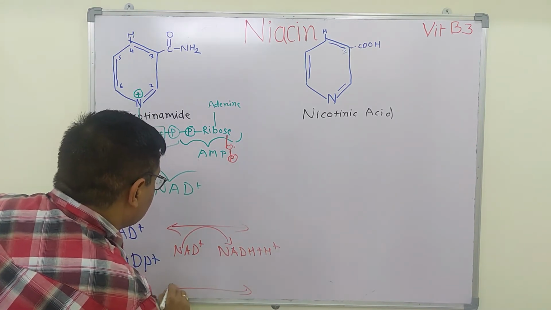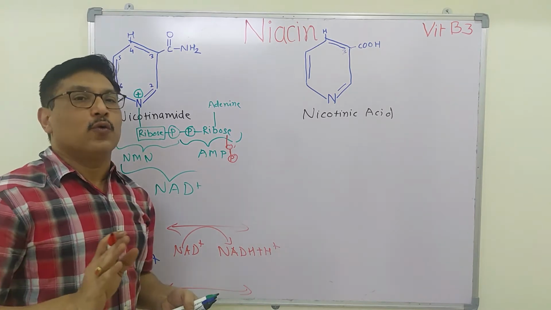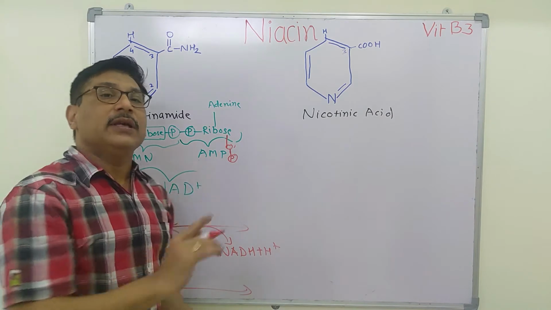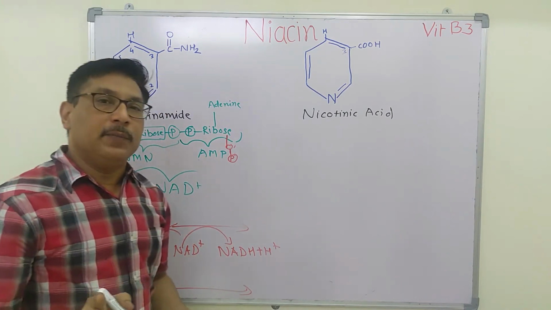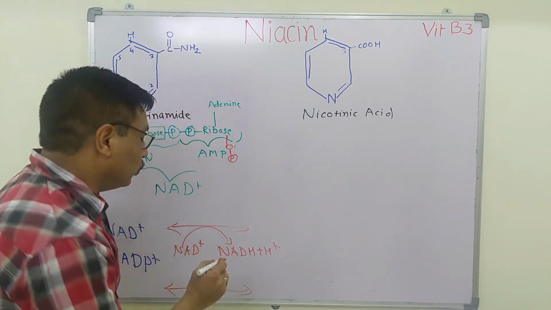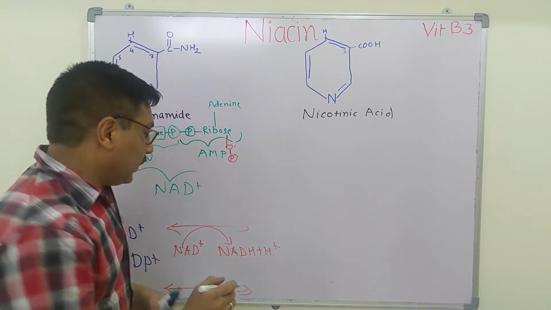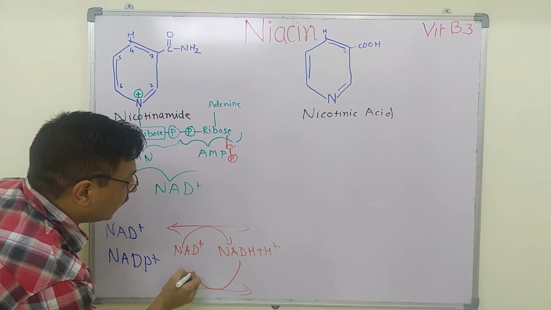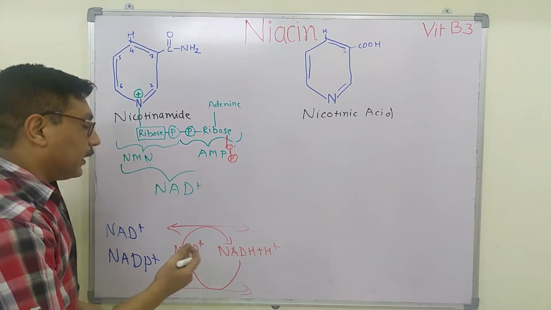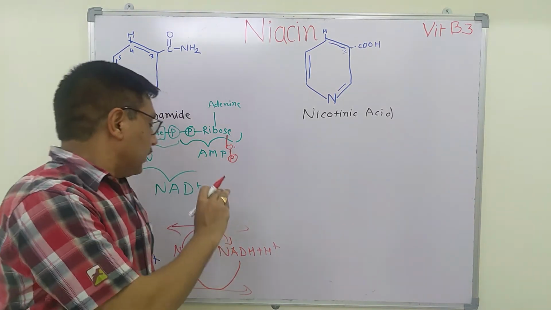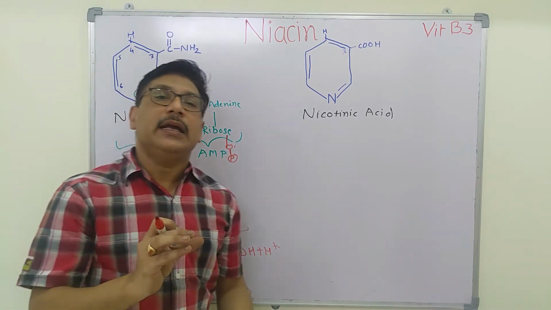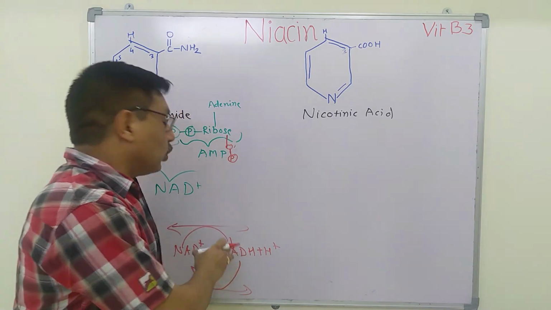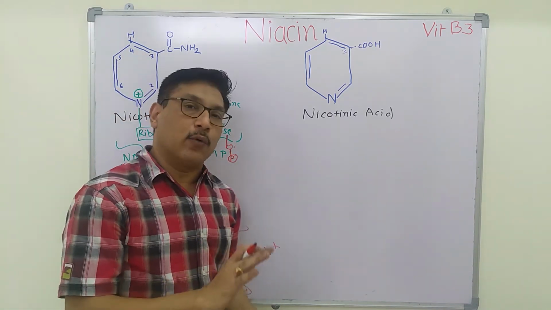Also, unlike riboflavin coenzymes, these niacin coenzymes NAD and NADP are very loosely bound to the enzyme. So whenever in one reaction NADH is generated, in another reaction NAD is generated. This NADH acts as a water soluble electron carrier in the surrounding medium.